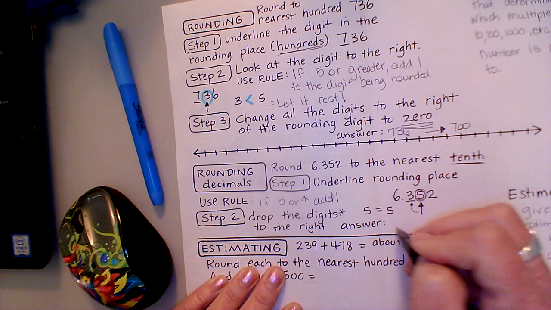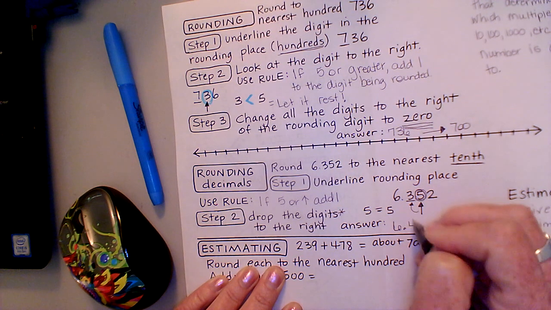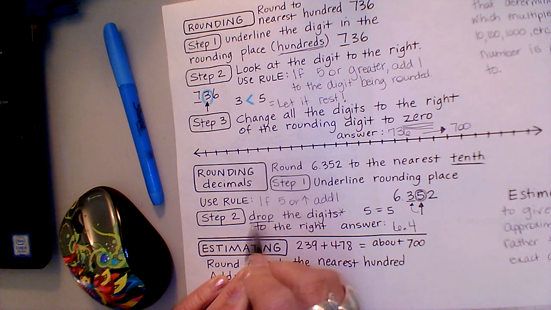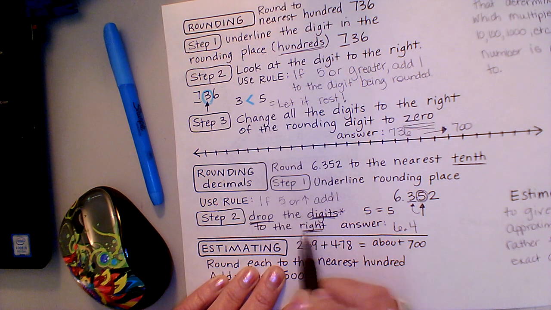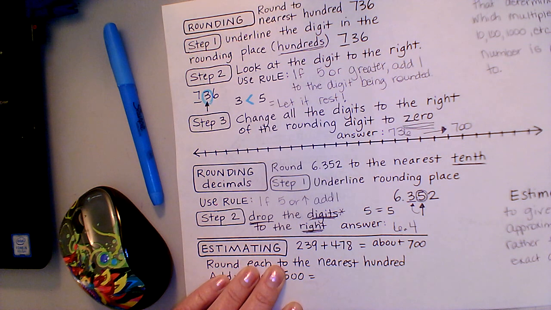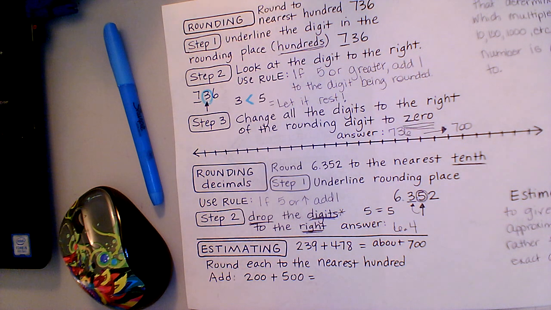A 4. So the answer is 6.4, and we drop the digits to the right. Okay? Thumbs up if that makes sense to you.